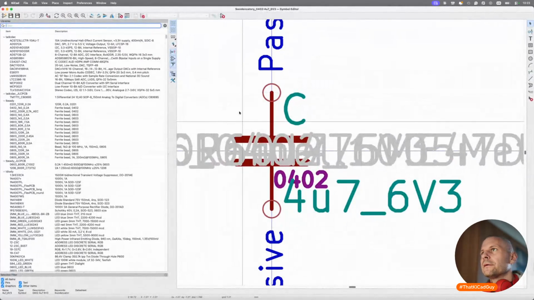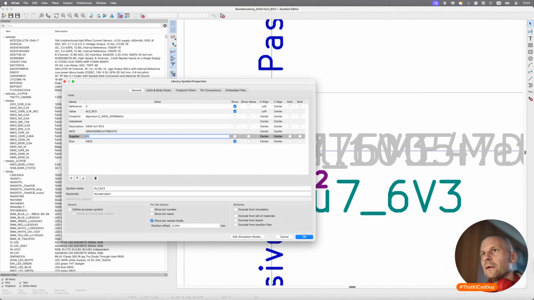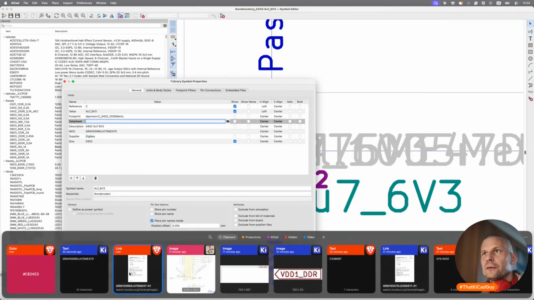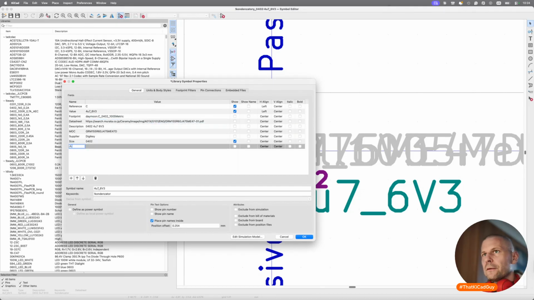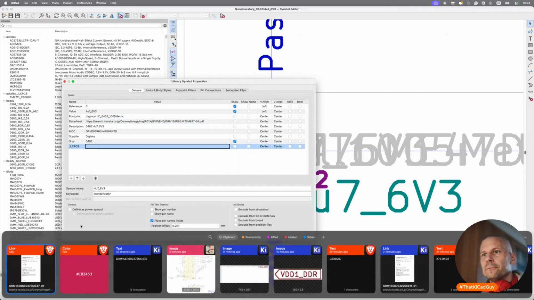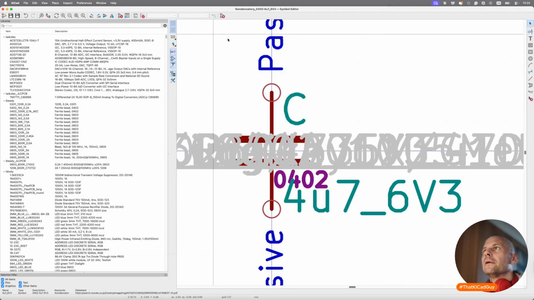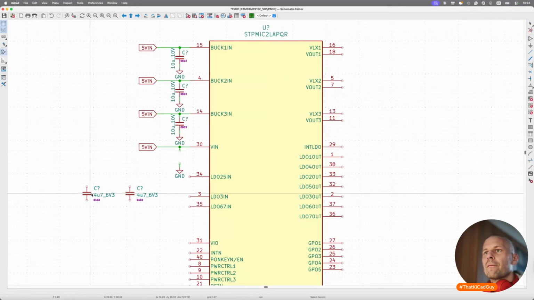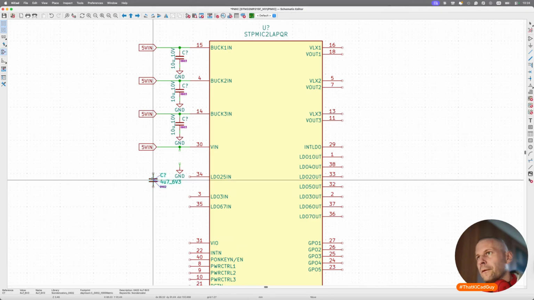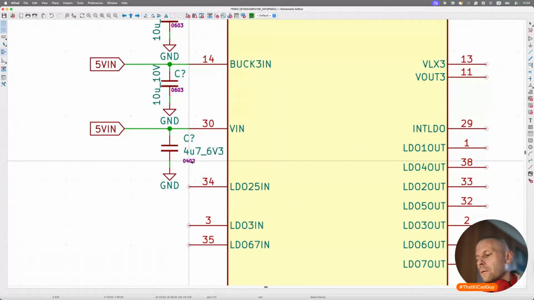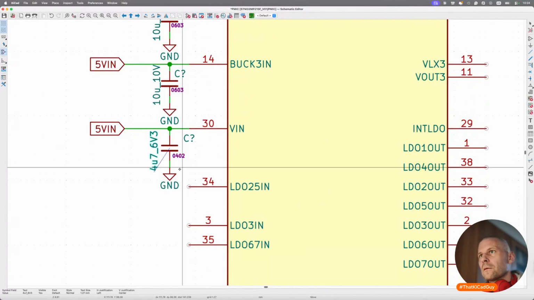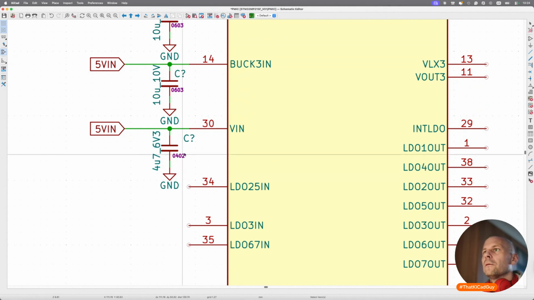Okay, KiCad. Here is the 4 micro 7, with this data sheet and this GLC PCB code. Okay, we have it.